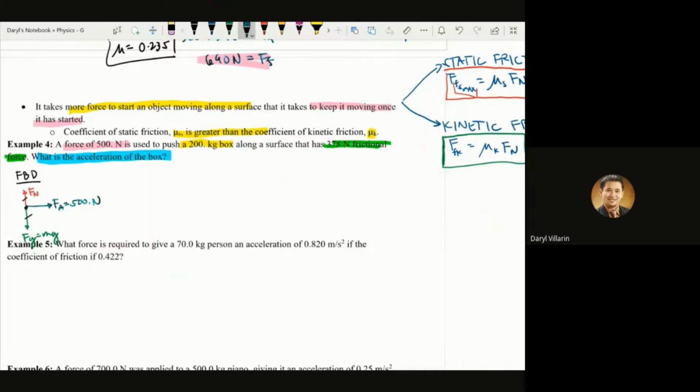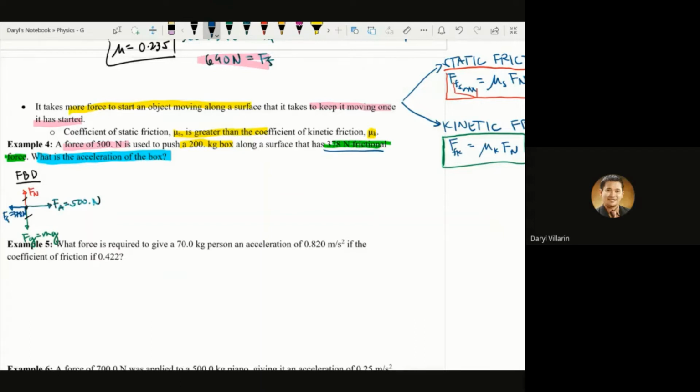And the frictional force FF is given, 378 newtons. From that figure alone, I know there's no vertical movement, but FA is greater than FF.